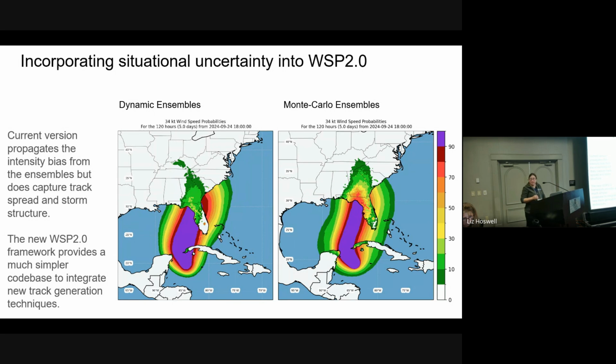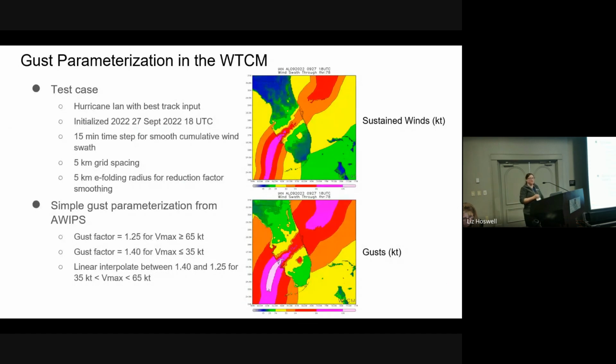So next, moving on to gust parameterization. This is a simple gust parameterization that is being evaluated for inclusion in the WTCM. And this is actually using the AWIPS gust parameterization method.